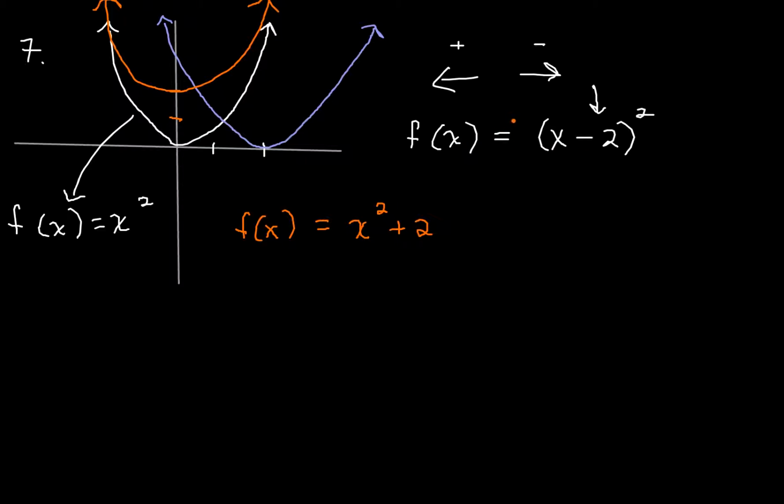So when you move it left or right, you're going to add or subtract inside of the parentheses. And if you go up or down, if you moved up positive 2, it's going to be plus 2 outside of the parentheses. So we'll be talking about this more later, but this is the answer right here.